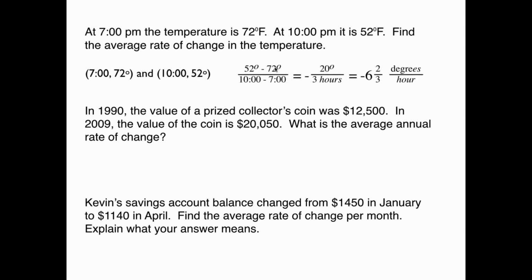All right, calculating this, we get negative 20 degrees every 3 hours, or negative 6 2/3 degrees per hour. So why was it important to put time as our independent variable and temperature as our dependent variable? Well, because in this situation, we describe a rate of change as degrees per hour.